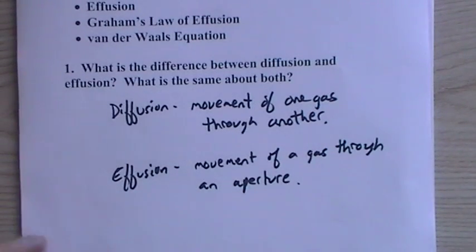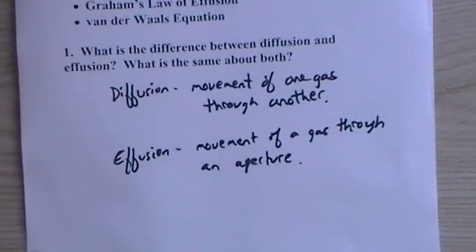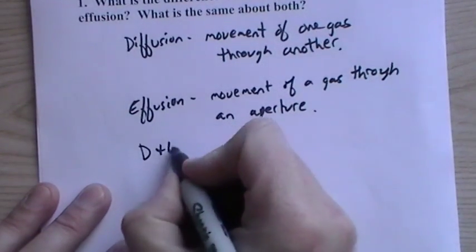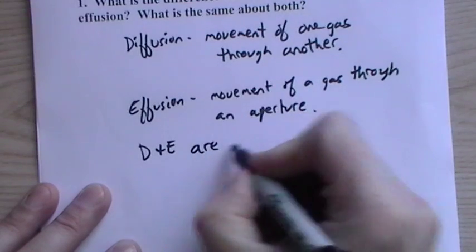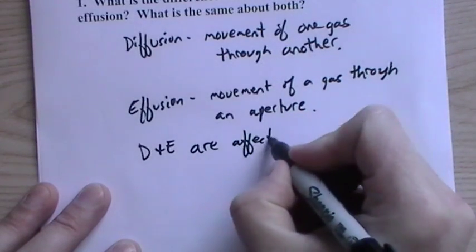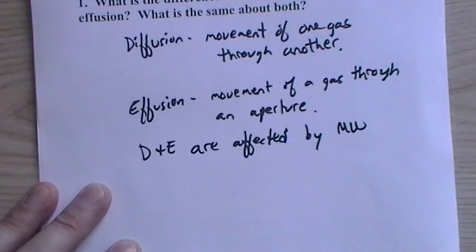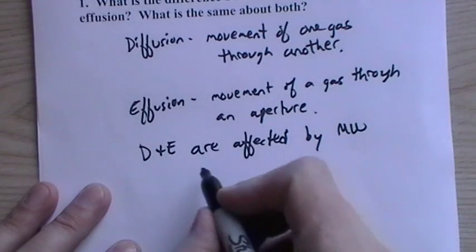So what's the same about both? Diffusion and effusion are affected by molecular weight. The larger the molecules, the slower they move.